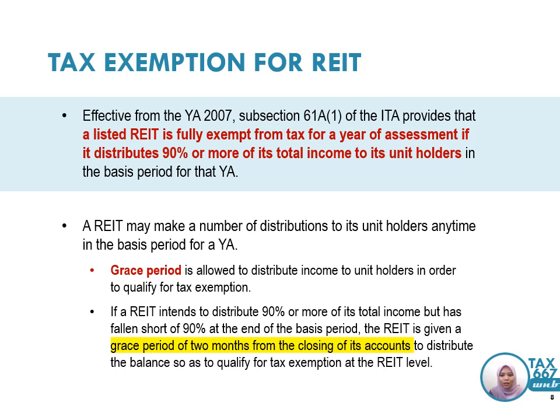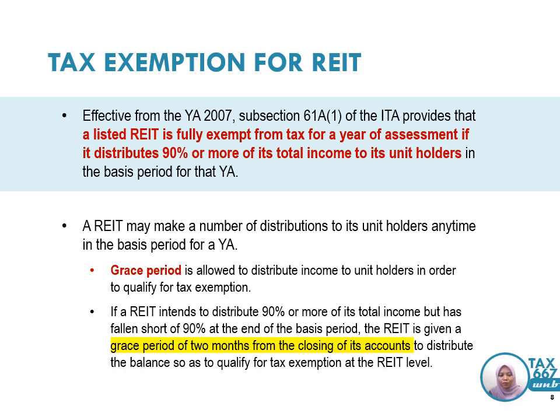Senaraikan dekat Bursa lah, sebenarnya kat Malaysia ni. So, a listed REITs is fully exempt from tax for a YA, tak payah bayar tax langsung untuk 1 tahun taksiran tu kalau, okay, dia ada syarat dia, kalau it distributes 90% or more of its total income to its unit holders in the basis period for that YA.